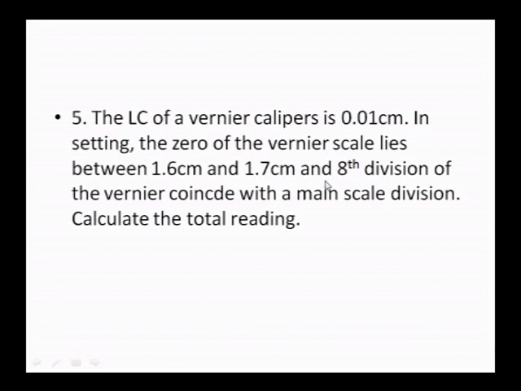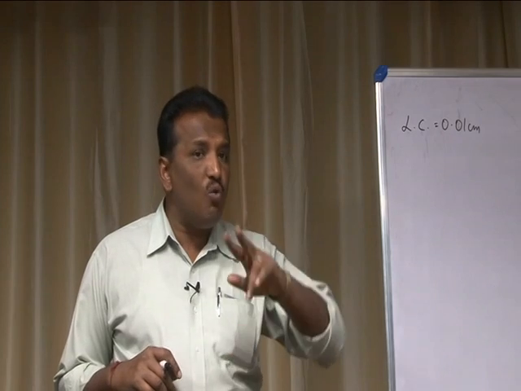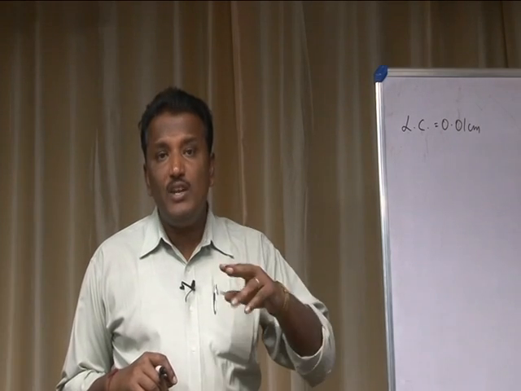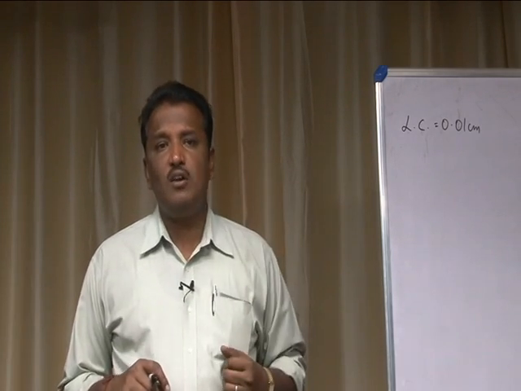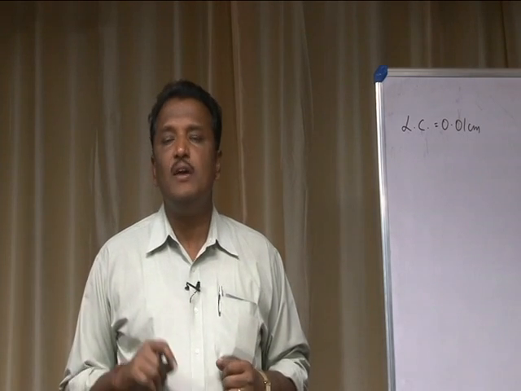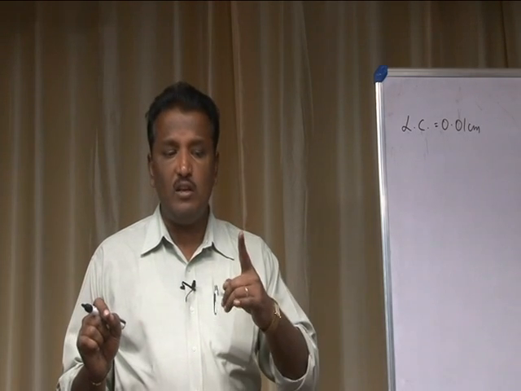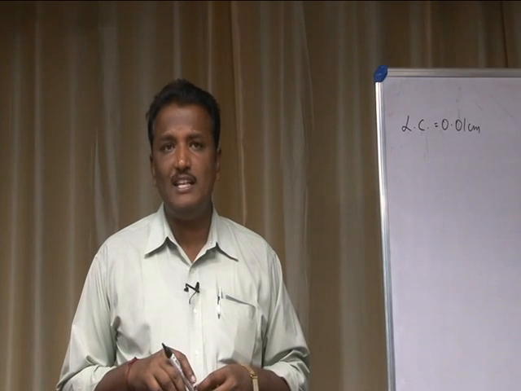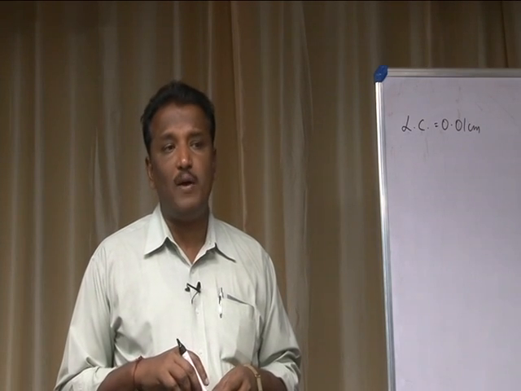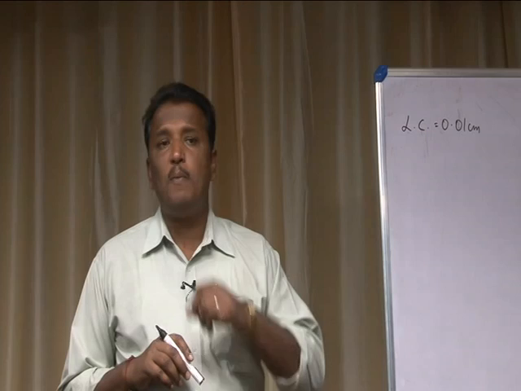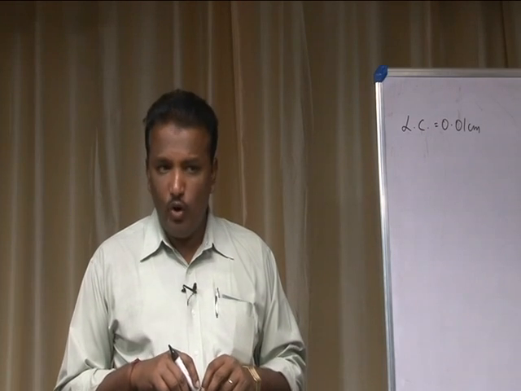So, if you face such a practical situation, the convention we followed is, out of those two, the lowest number you have to take as the main scale reading. So, the 0th of the vernier scale lies between 1.6 and 1.7 centimeter means 1.6 centimeter is the lowest division.